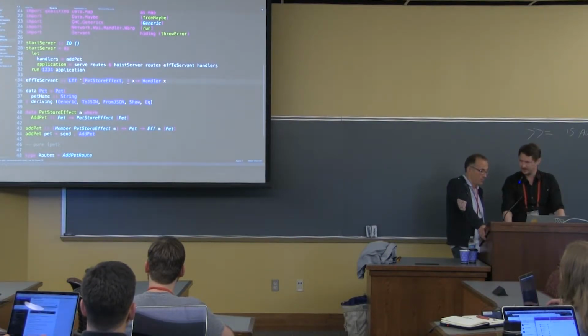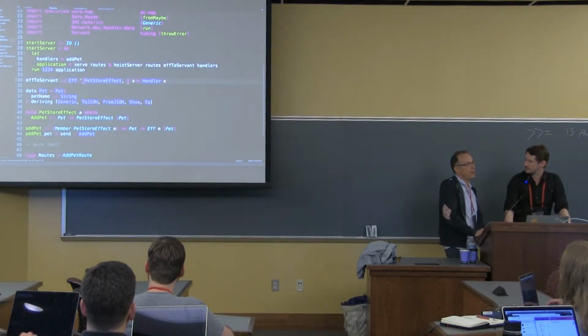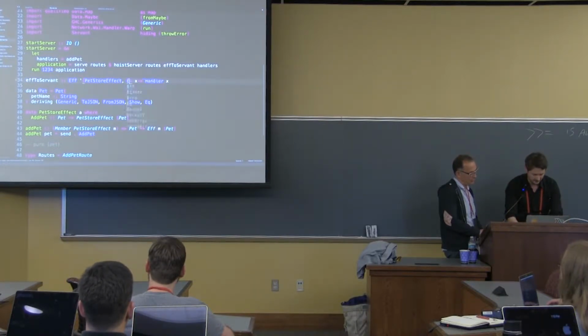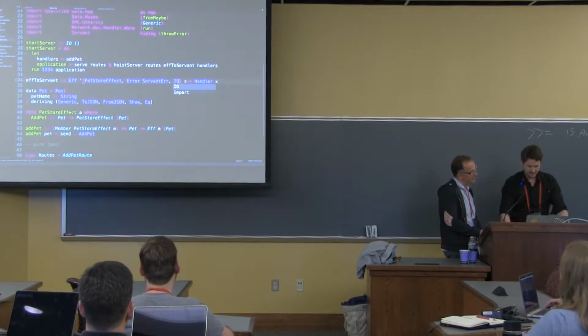And then, if I remember correctly, servant needs two things. It needs a way to handle errors that are servant errors. I think we can just use the F error monad that we already have there, the error effect. Yeah, error of a servant error. And well, we need IO. Okay, so that's usually how the effect stack ends, something like that, right?